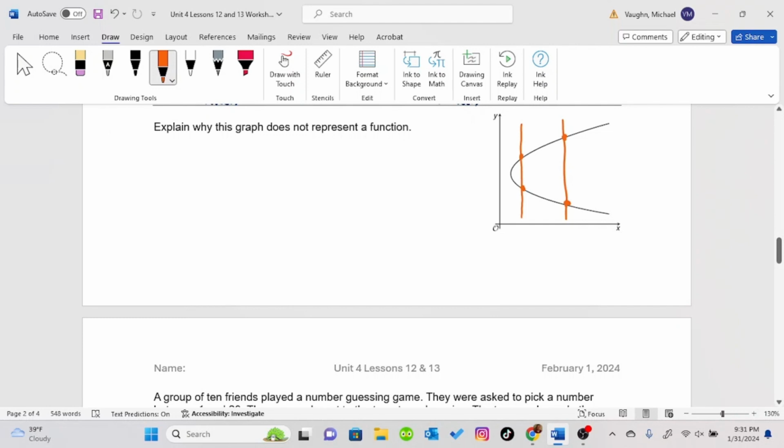because multiple x values have more than one y value.